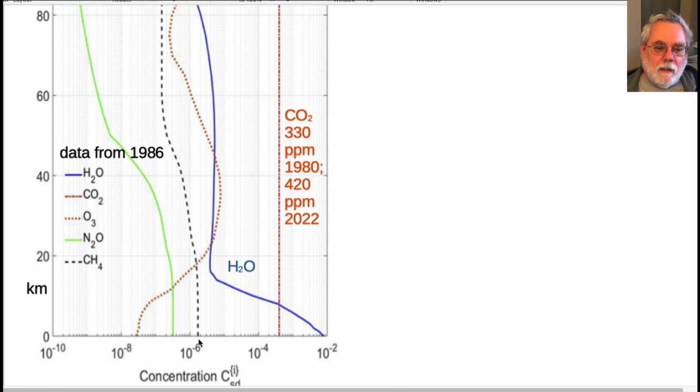The dashed black curve is methane, whose fractional concentration falls by a factor of 12 from bottom to top of the atmosphere in this graph. But the fractional concentration of carbon dioxide looks to be independent of altitude below 80 kilometers in this 1986 data.